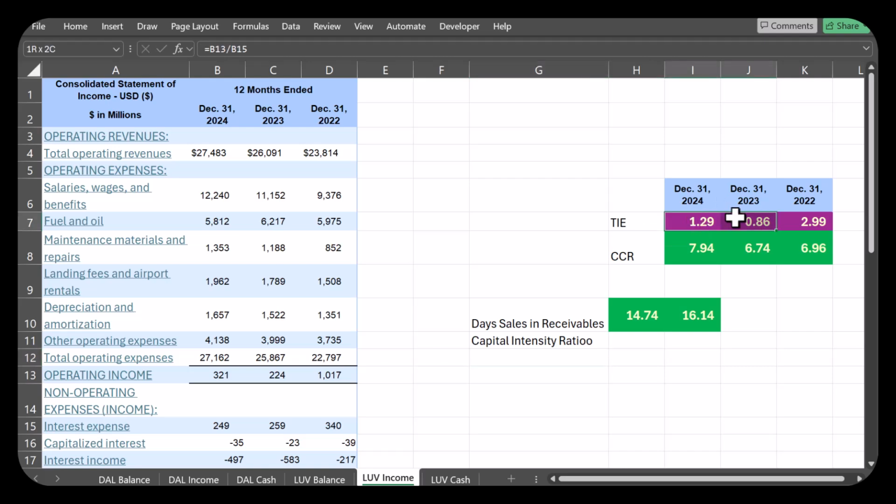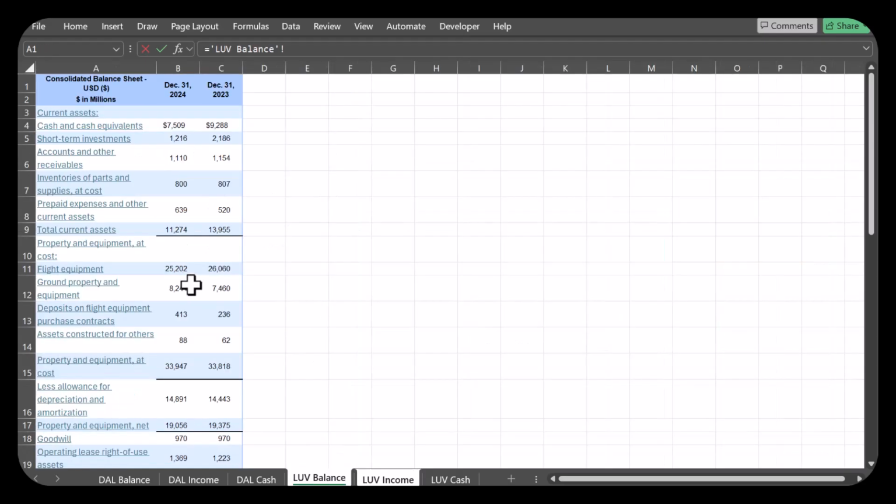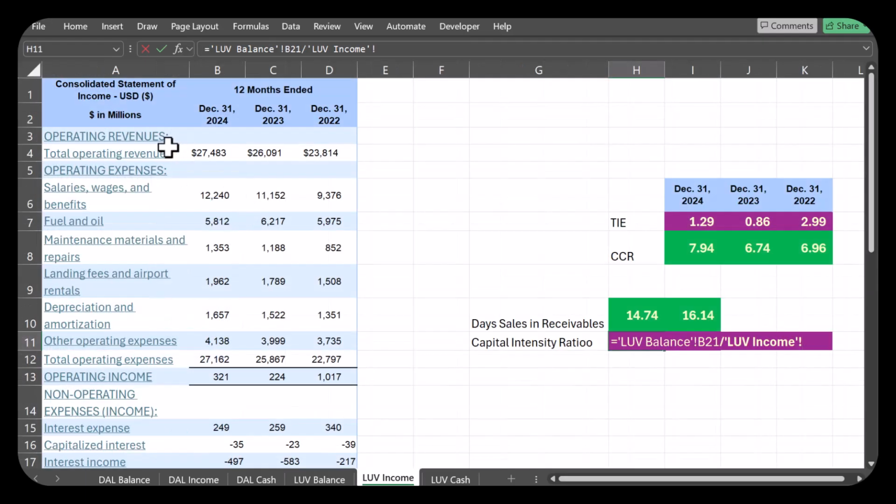Let's just use different colors. And that would be total assets, which is in the balance sheet, divided by operating revenues.